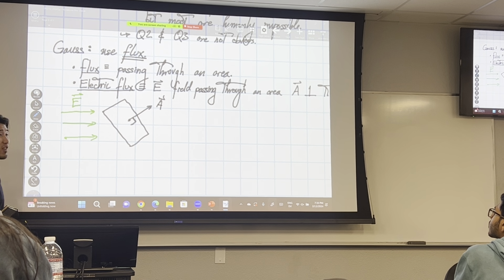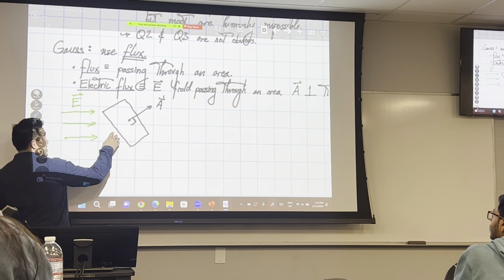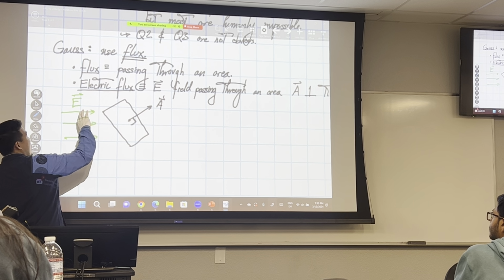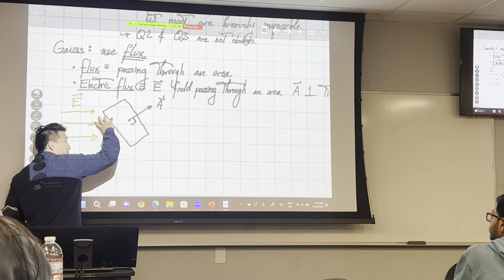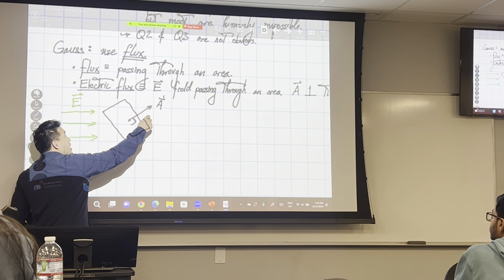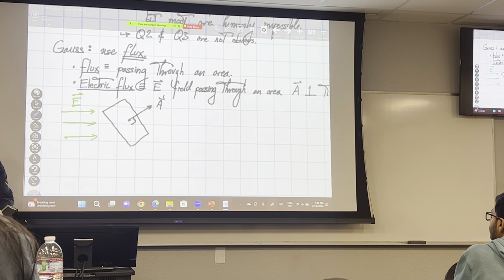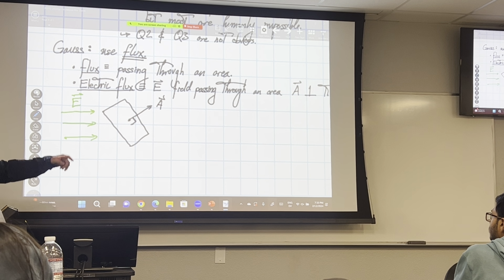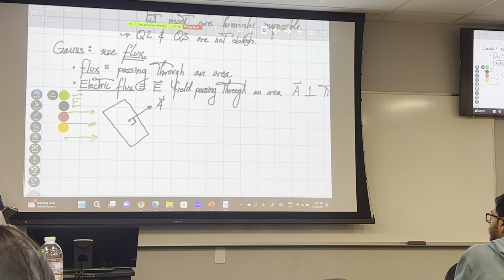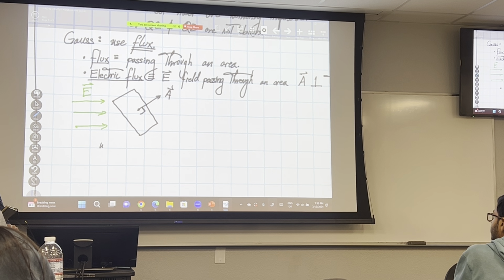What this electric flux is really wanting is the electric field that's passing through this area, but that is parallel to the surface, or parallel to the vector. So here we want E that is parallel to A.